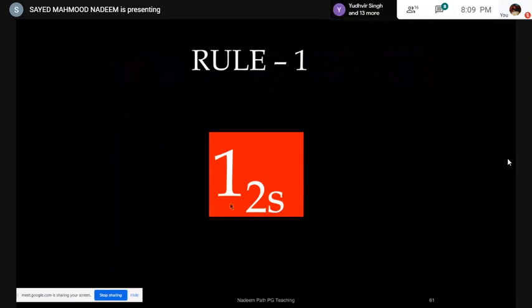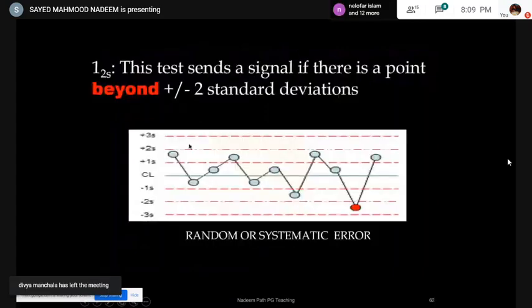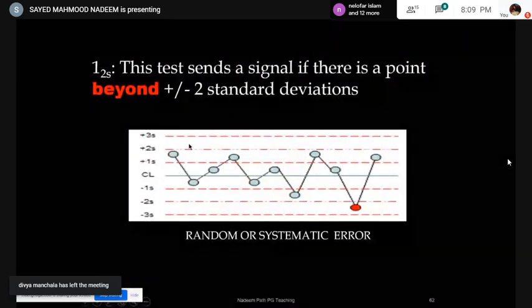So as you can see, the first rule 1 2s. So that means 1 point is crossing the 2s boundary. Remember I told you about the limits and boundaries. So if you look at the LJ chart, you can see this point. It is beyond the 2SD boundary.